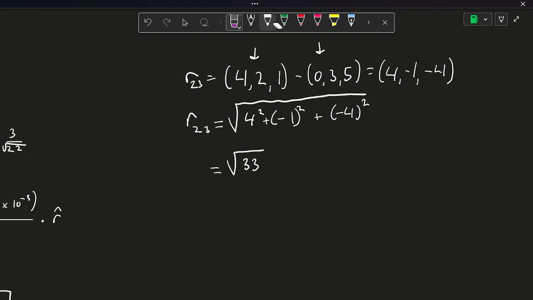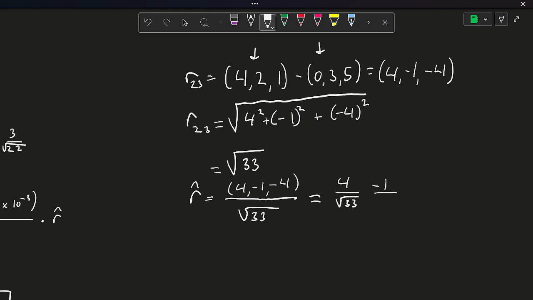Or actually, first, let's find our r hat. So we're going to put r, which is 4, negative 1, negative 4, over the magnitude of r, the square root of 33. This is going to get 4 over square root of 33, negative 1 over square root of 33, and negative 4 over square root of 33.